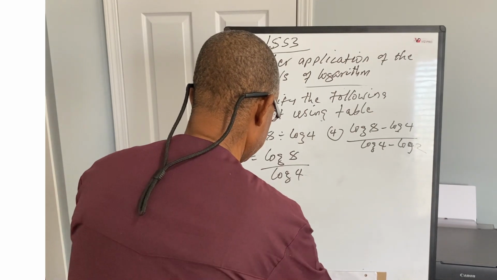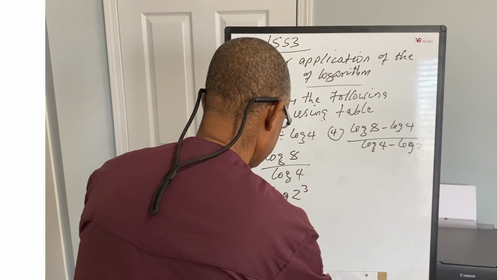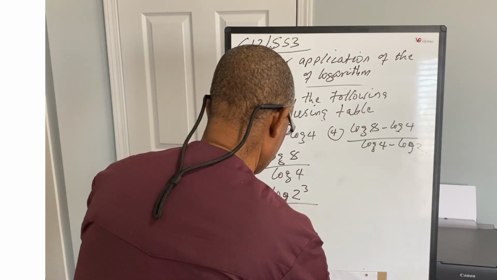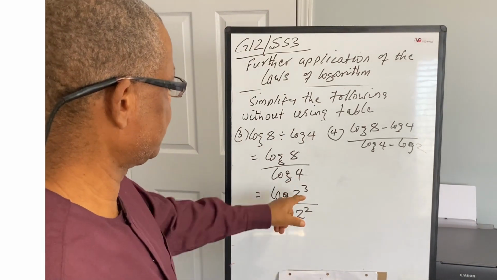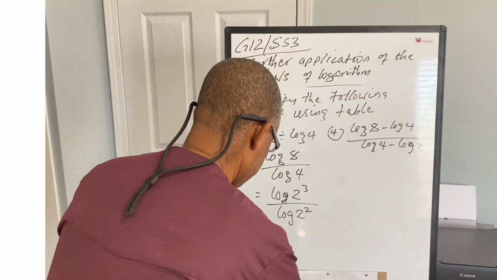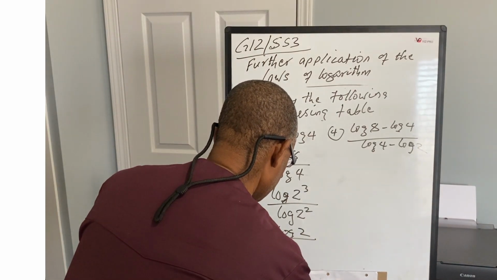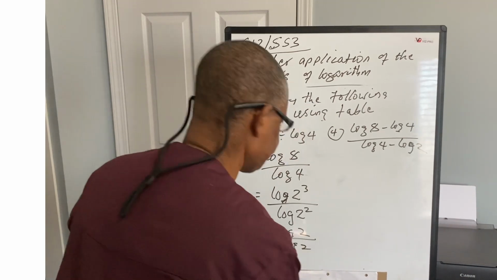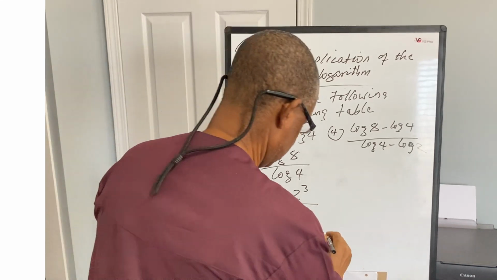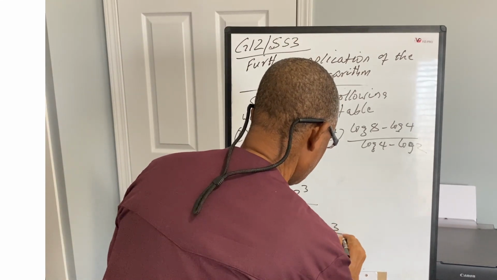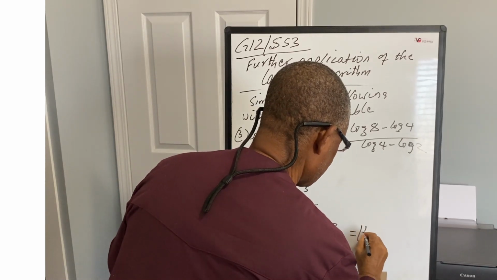This will now be log 2 raised to power 3 over log 2 raised to power 2. 2 raised to power 2 is 4, 2 raised to power 3 is 8. That results to 3 log 2 over 2 log 2. Log 2 cancels log 2. That will give us 3 over 2, which is one whole number 1 over 2.